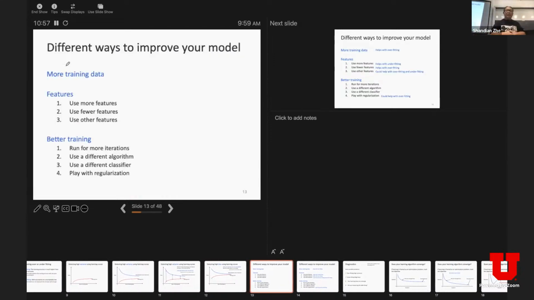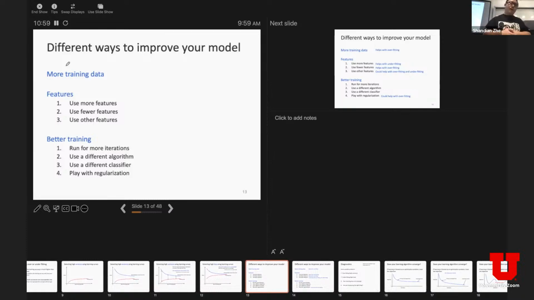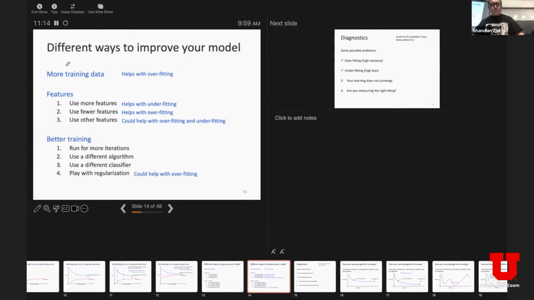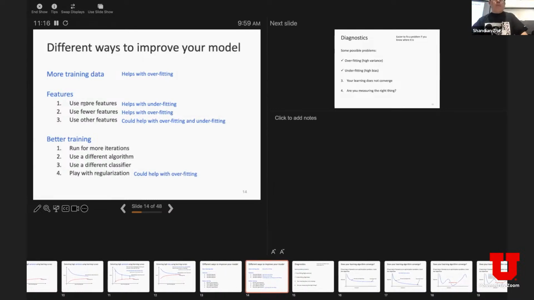So now, if we can conclude that our model is overfitting or underfitting, what kind of strategies can we use to overcome the problem? First, for underfitting, that means your model is not expressive enough.